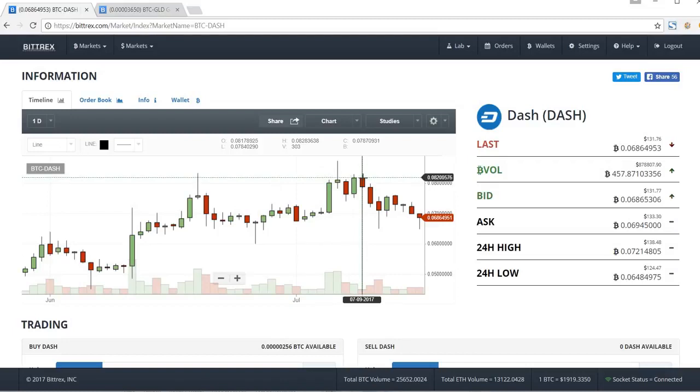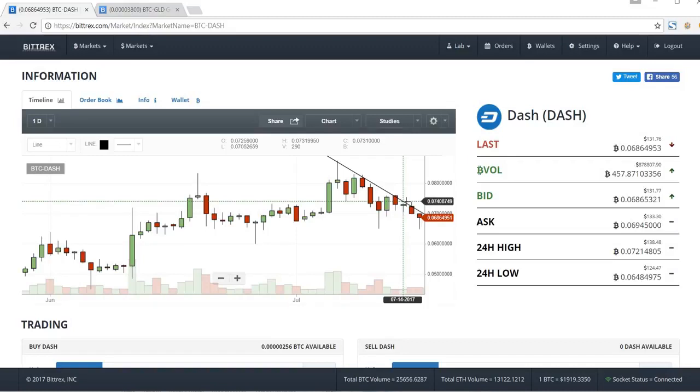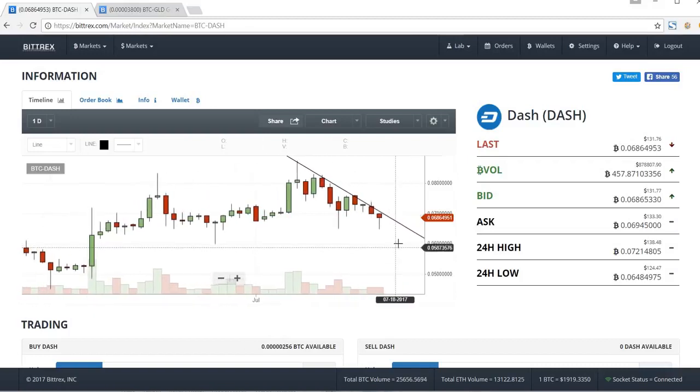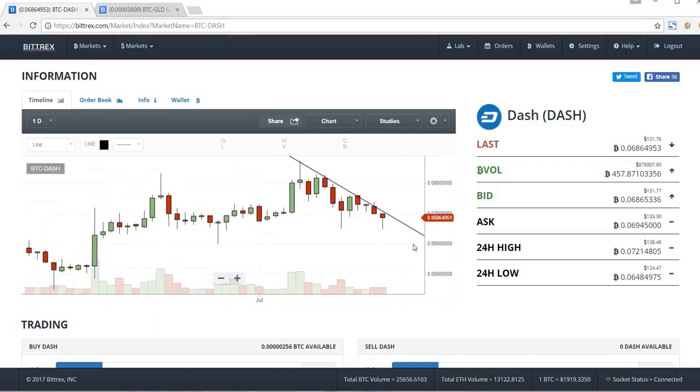Click on that top, and then sort of follow the top part of the candlesticks, like this. We can also move the graph. Sometimes I find it easier if I move it to the left, because it's just easier to interpret and look at it. So obviously this downward trend line needs to be broken.